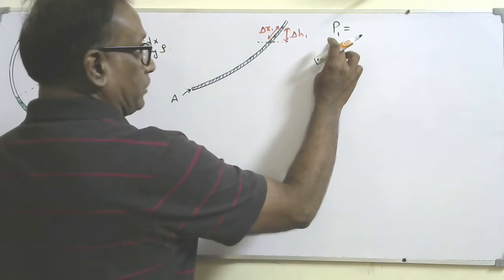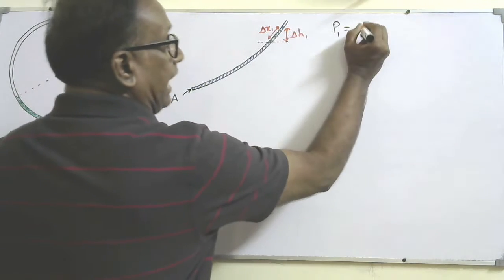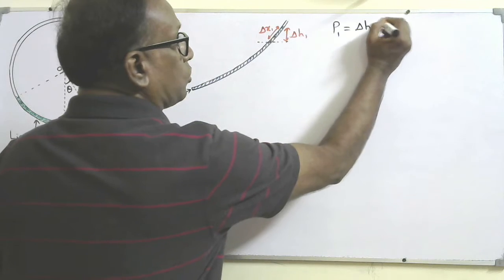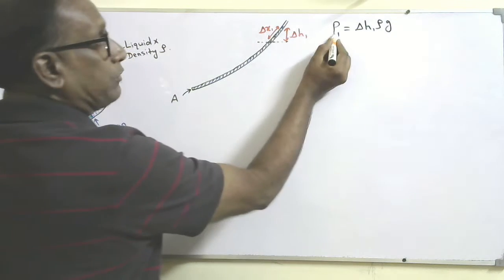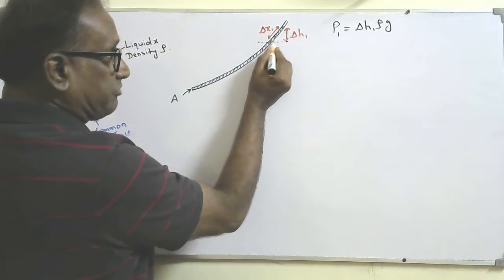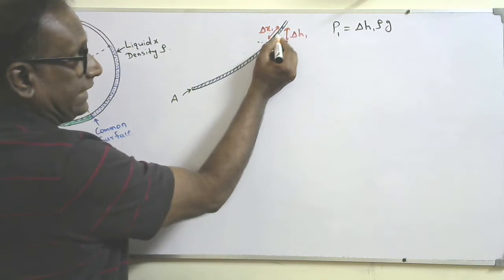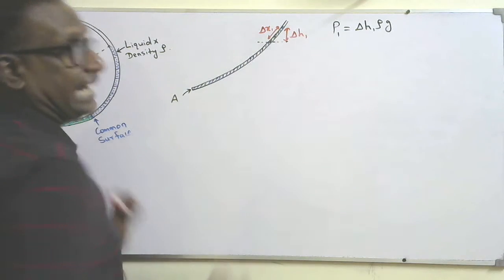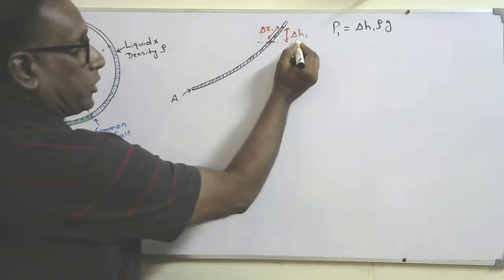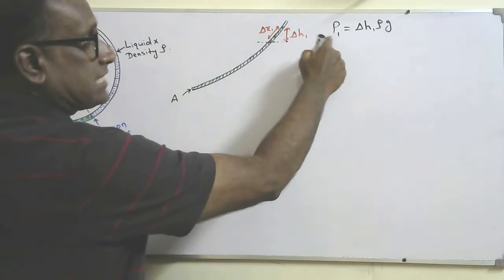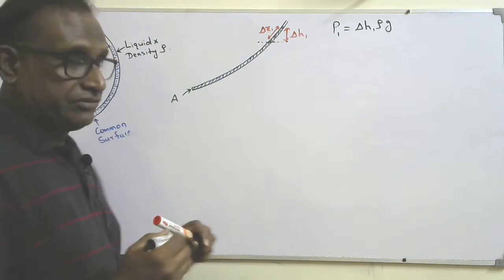So P1 is equal to delta h1 rho g. That is the liquid pressure at this surface due to this tiny length delta x1, with its vertical component delta h1.